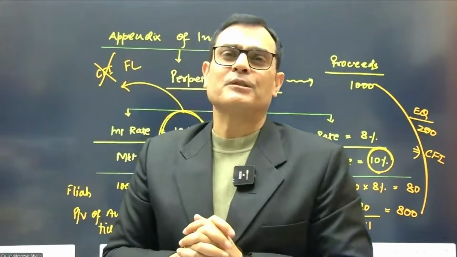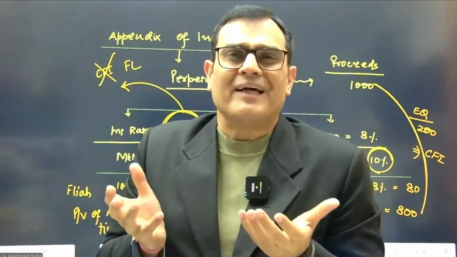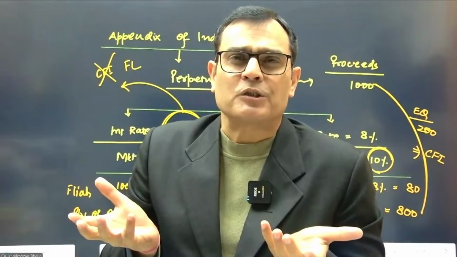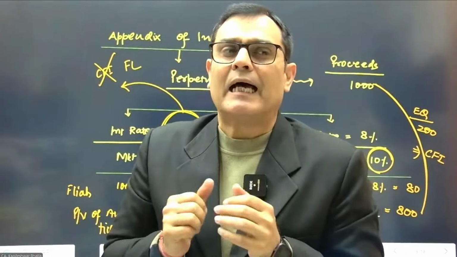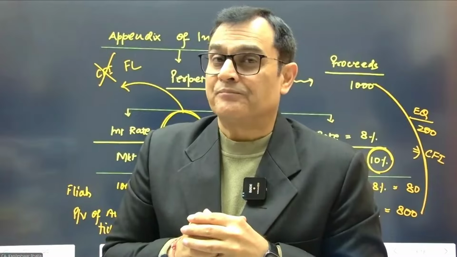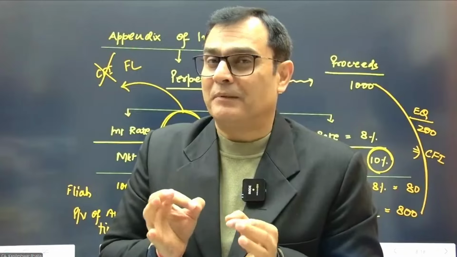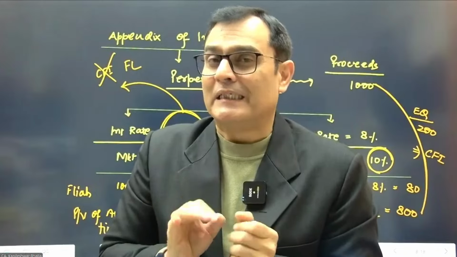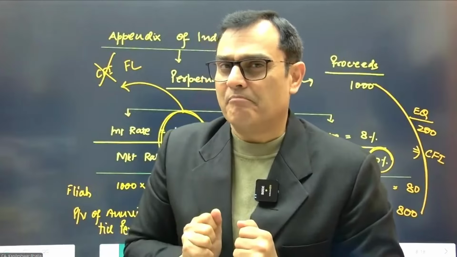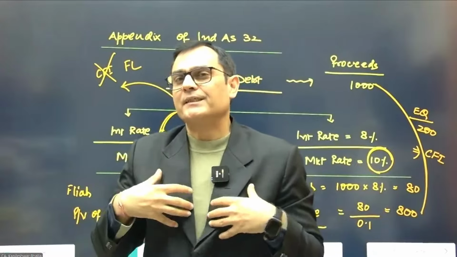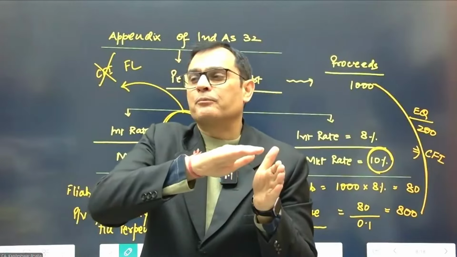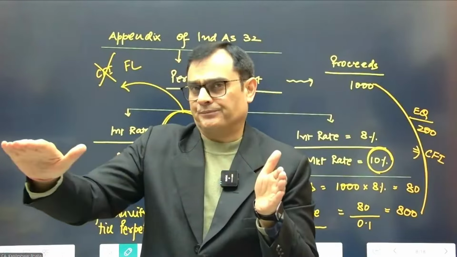But in terms of perpetual debt, where is the question of getting an interest on a non-convertible instrument? I'll consider a market rate. Is the interest being paid at market terms or not? At the end of the day, remember, when you say it is a CFI, you suppress your obligation.